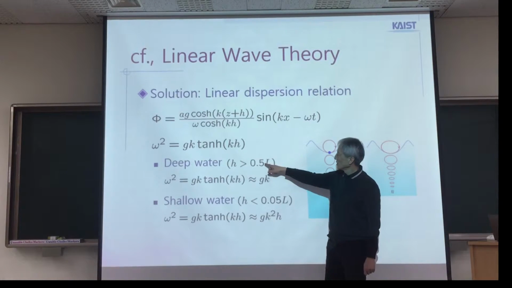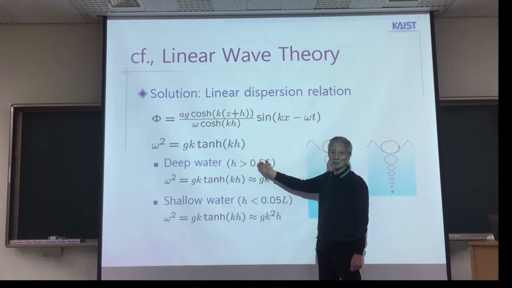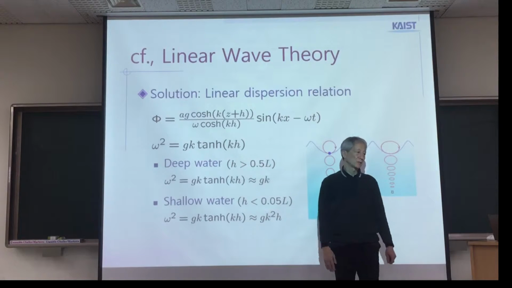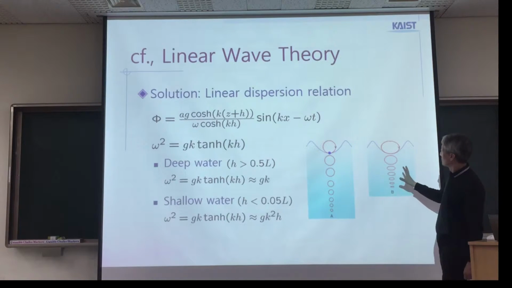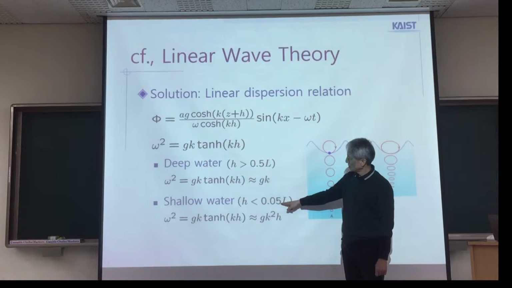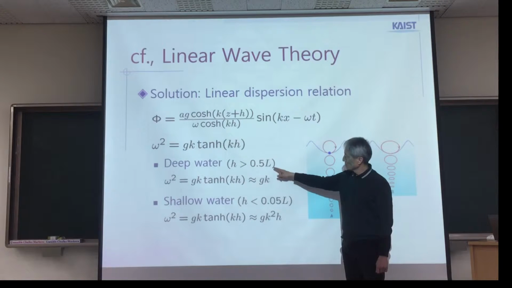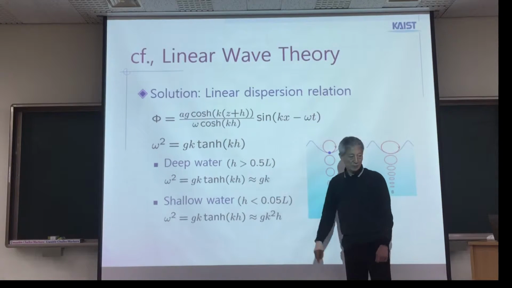So usually, when you say shallow water or deep water, the division line, the criteria threshold, is about half of the wavelength. If the depth is bigger than half of the wavelength, we call it deep water. And shallow water means very short.